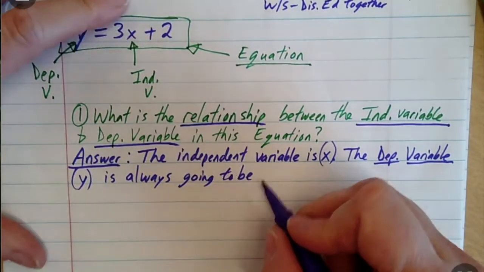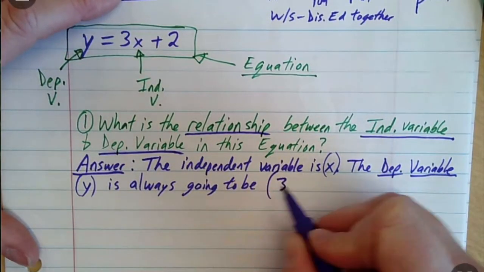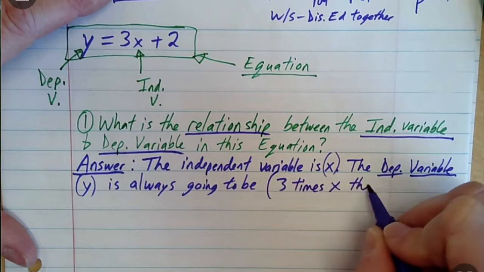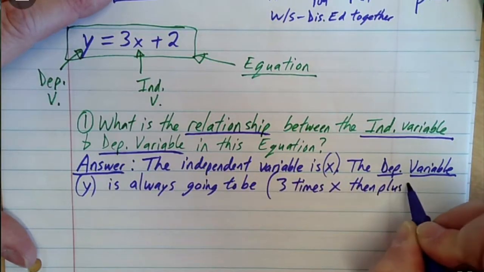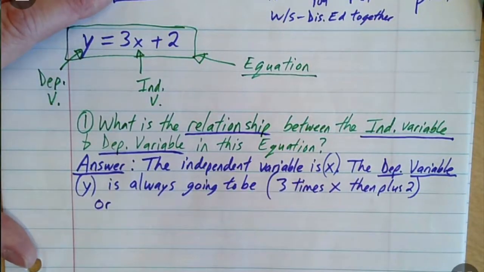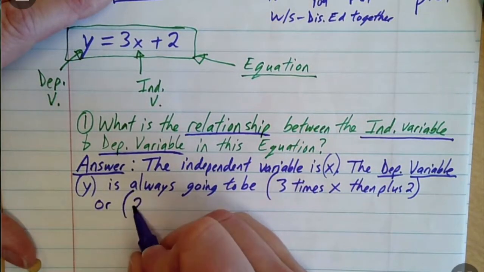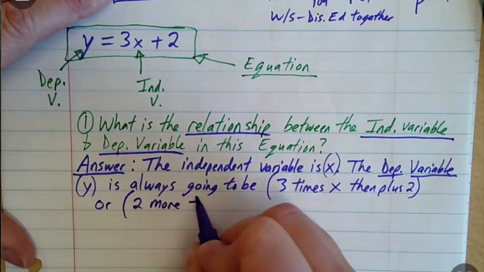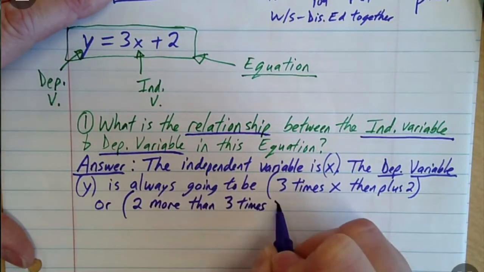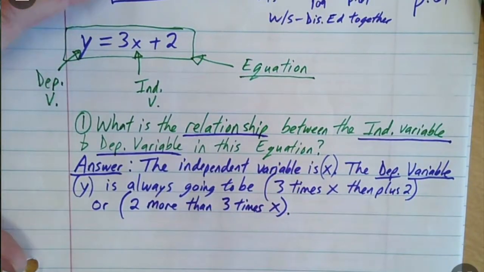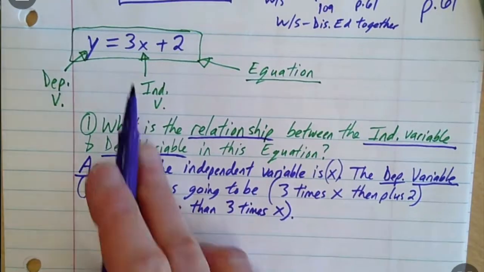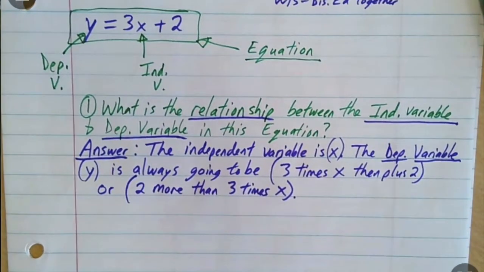You could say, in parentheses, 3 times x, then plus 2. Or what's another way you could write it? Some people see it as 2 more than 3 times x. They are the same thing. You could write it this way or this way. Where am I getting these clues from? I'm using the equation to write that in for those clues.